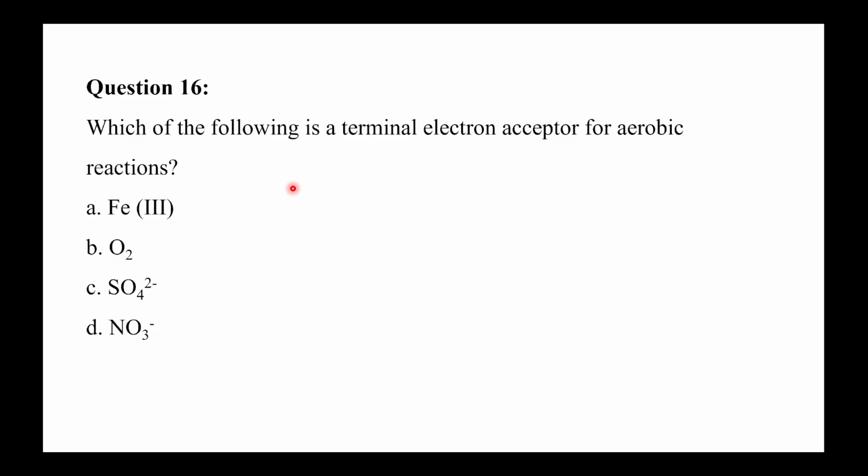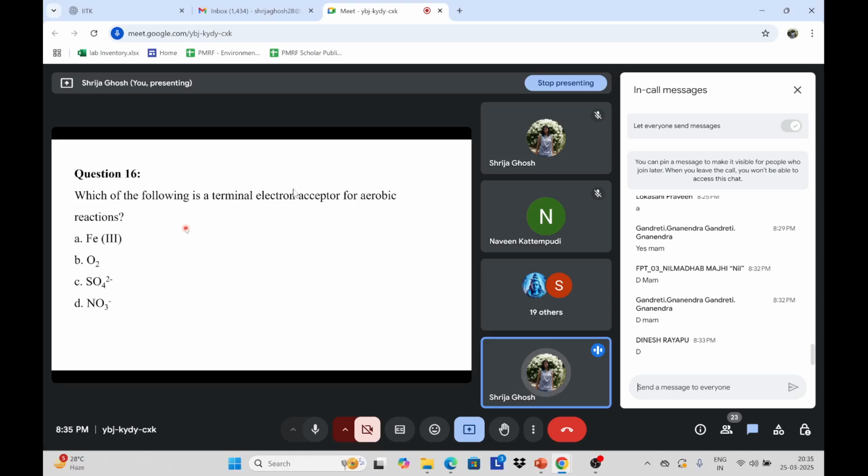What is that molecule? Option A is Fe3+, option B is O2, option C is sulfate, SO4 2-, and option D is nitrate, NO3-. Which molecule acts as a terminal electron acceptor in case of aerobic reactions? Write your answers in the chat box.